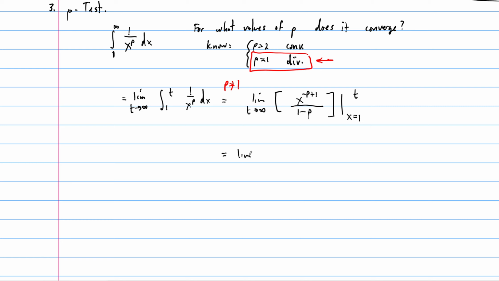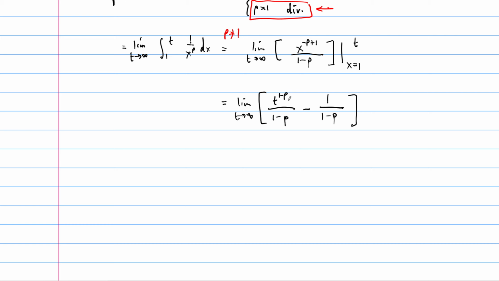When we plug in t first, we get t to the 1 minus p over 1 minus p, minus, then we plug in 1, so 1 over 1 minus p.